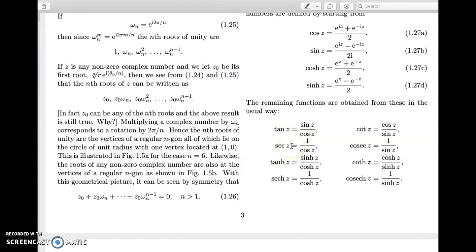Sorry, cosec has an infinite value when z equals 0 because it's 1 over sine. Cos is 0 when z is pi by 2, so the sec has an infinite value when z is pi by 2. Well, the answer to my question is actually that tanh and sech are nicely behaved functions from the physical point of view because they don't go to infinity anywhere. Tanh always lies between -1 and +1, and sech lies between 0 and 1.